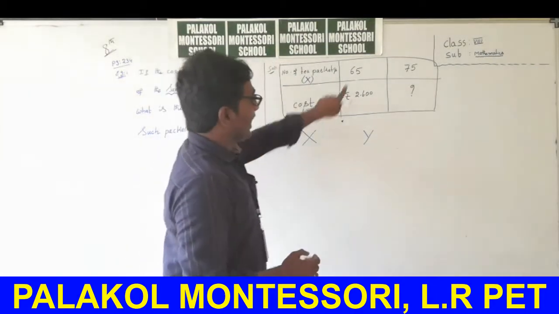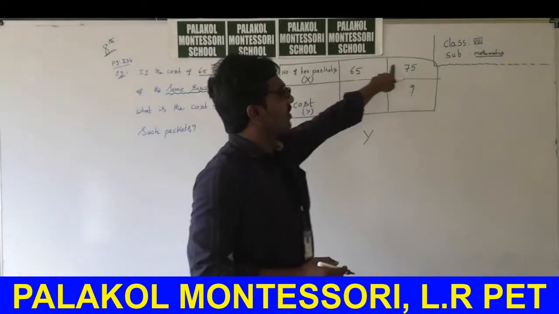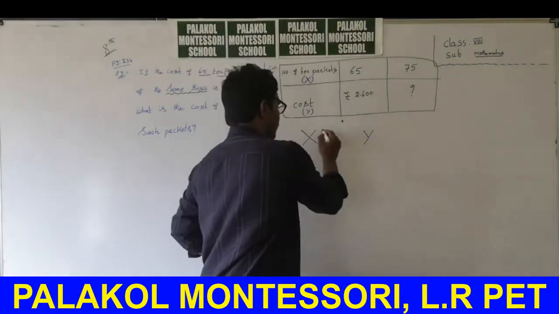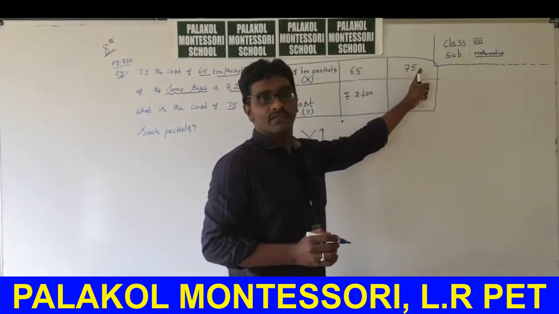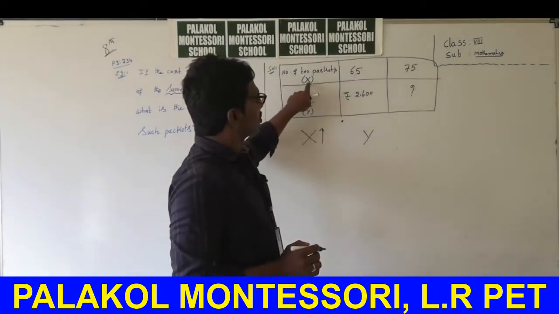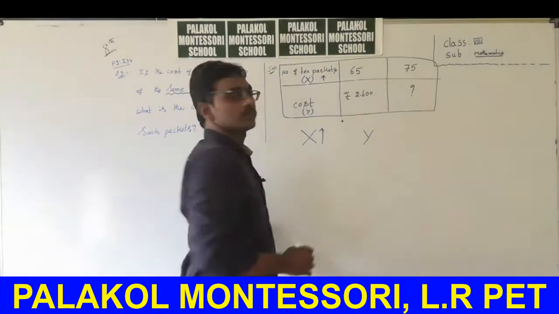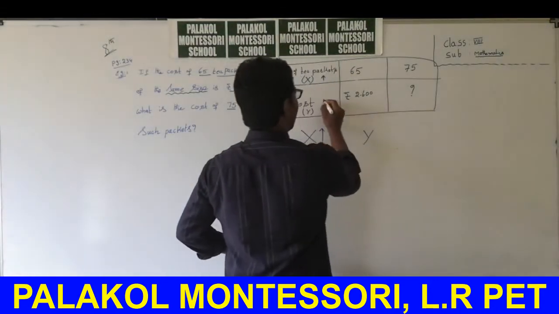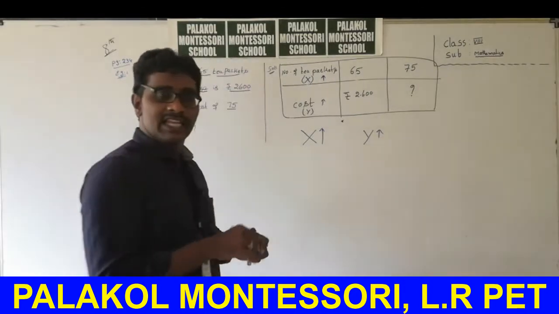From 65 to 75, the X quantity is gradually increasing. Simultaneously the cost also increases. Very good. Both quantities increase.